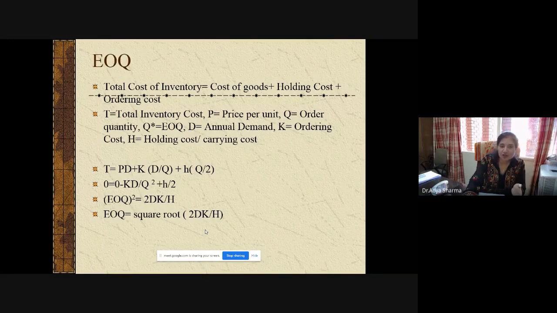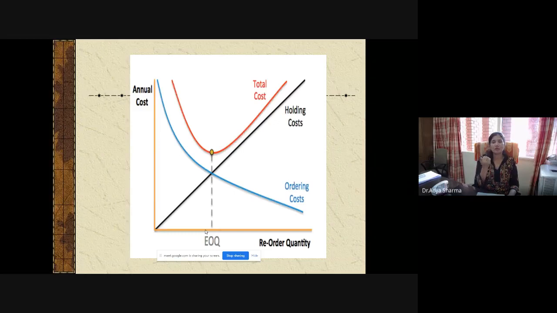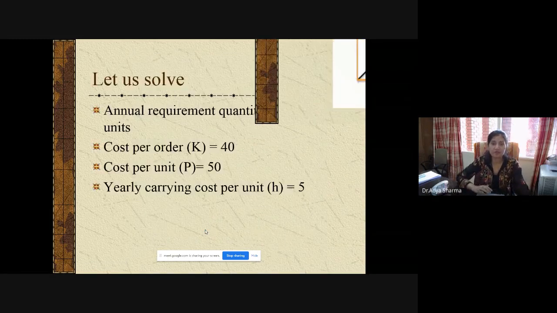I told you yesterday also, when we were speaking about warehousing and other things, all these equations you can translate into beautiful graphs, and this is that graph, of the equation which I have solved in simple language. This is the graph which will emerge, and this is the point which helps us know the economic order quantity.